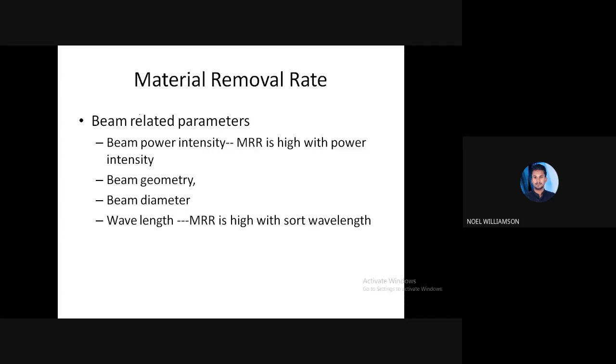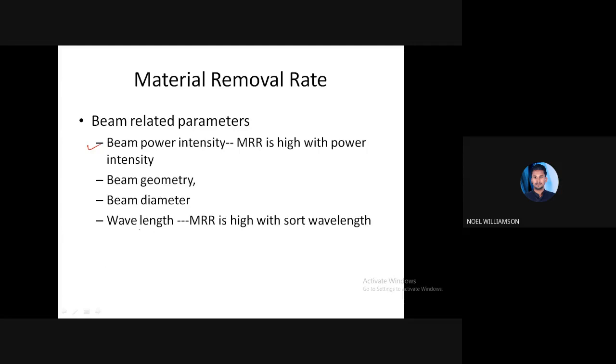First one, beam power intensity. As the power intensity of the laser beam is increased, the MRR also will be high.